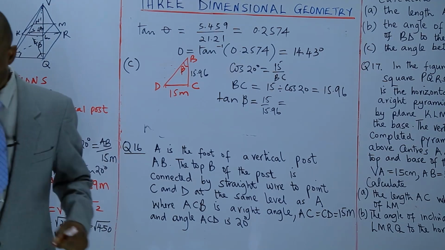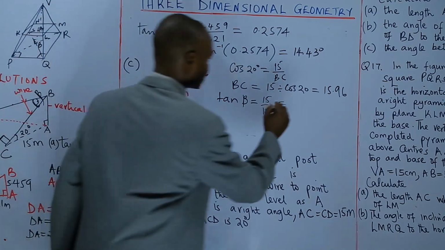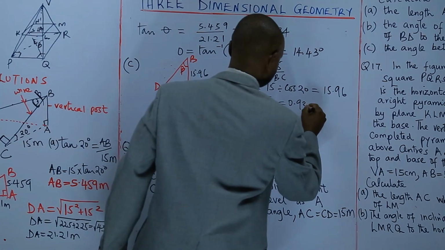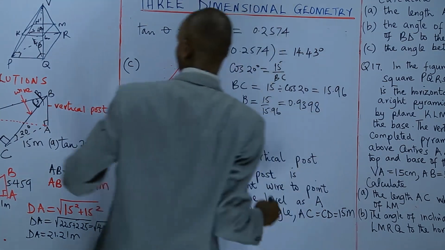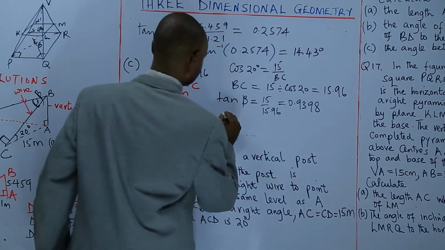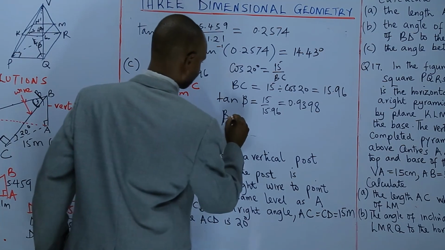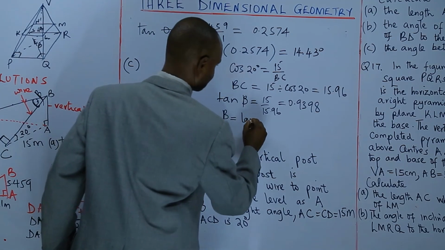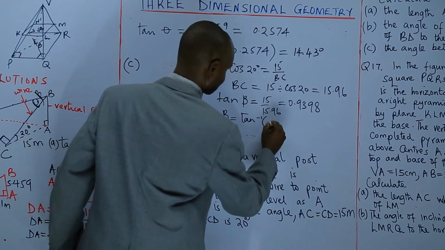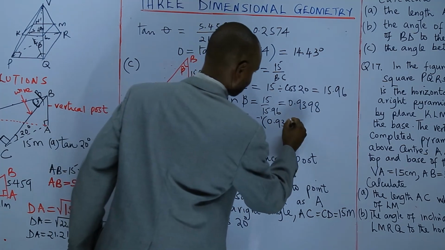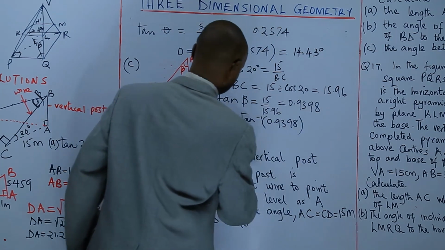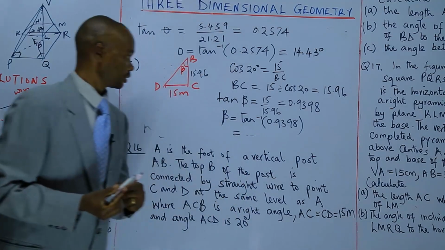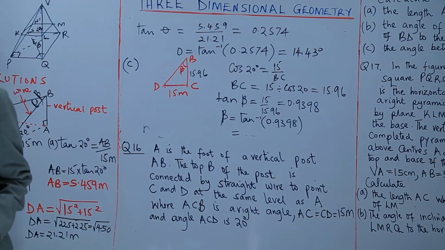It gives you 0.9398. So that angle in question, beta, will be equal to tan inverse 0.9398.